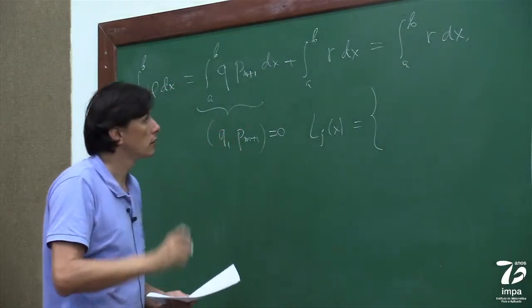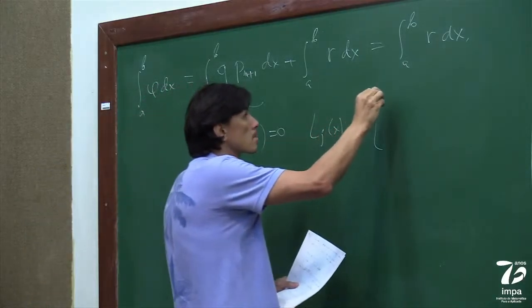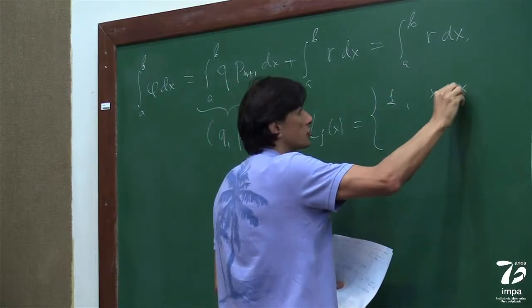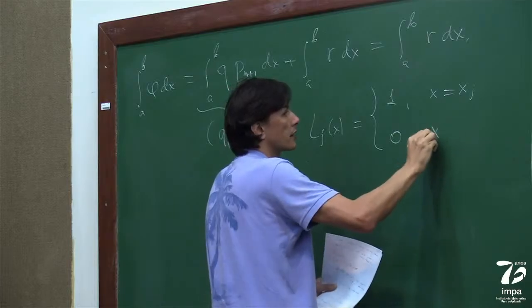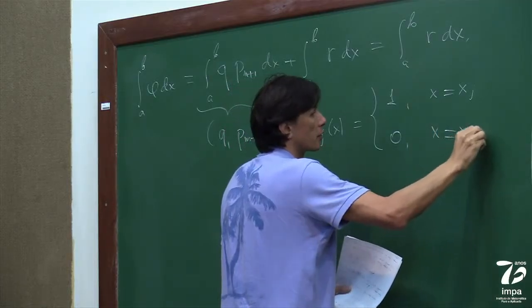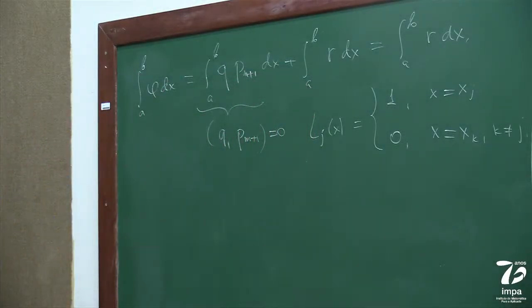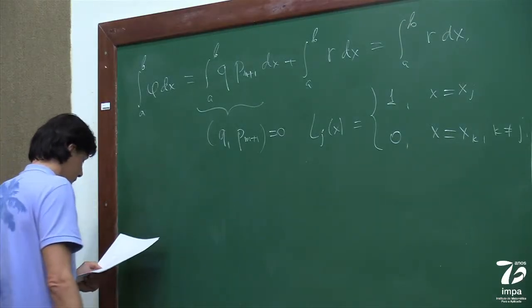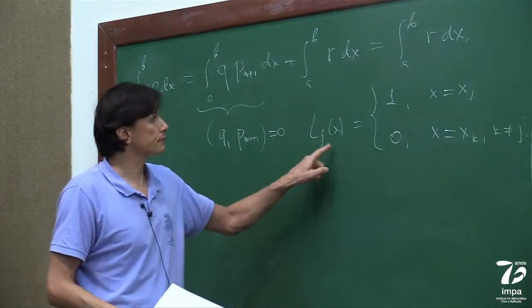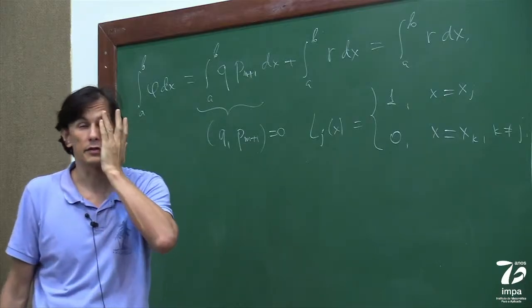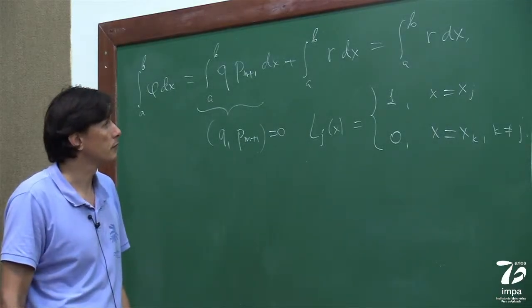It is exactly 1 when x is xj, and 0 when x is xk with k not equal to j. Just by construction, right? Also, these polynomials form a basis for the polynomials of degree up to m.